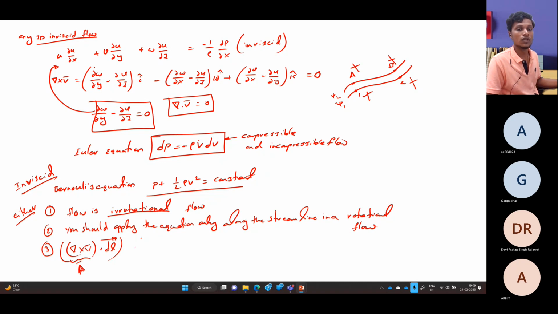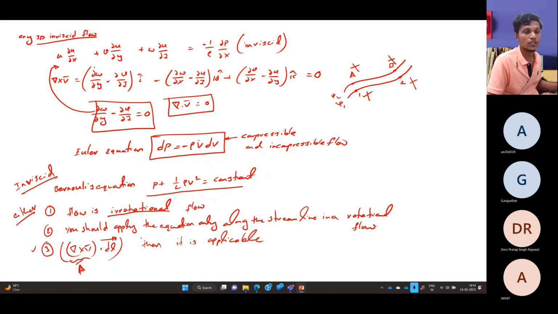If this third condition can be applied, then even though the flow is rotational, you can use the Bernoulli equation when you go along a line where a bar dot dl bar is zero. Don't worry about the third condition.